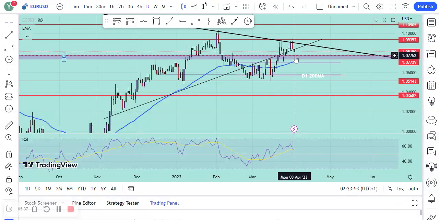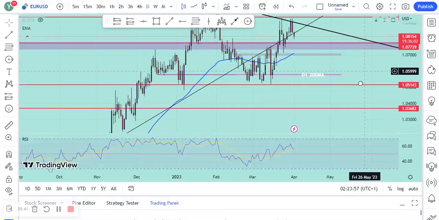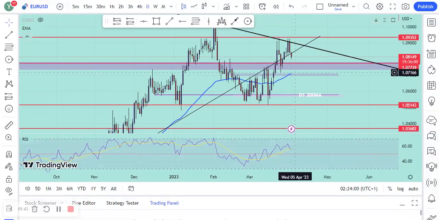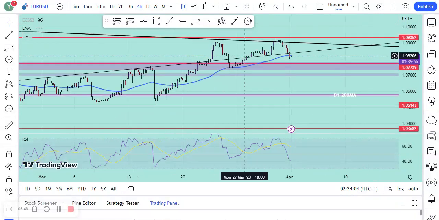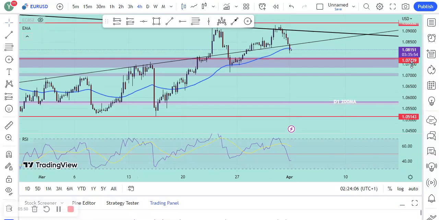So what we expect for the next move is that on a lower time frame like the 4 hours, we should expect price to either come down a little and retest this trend line.